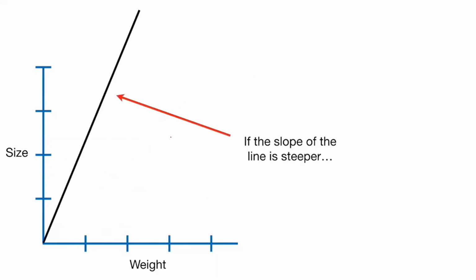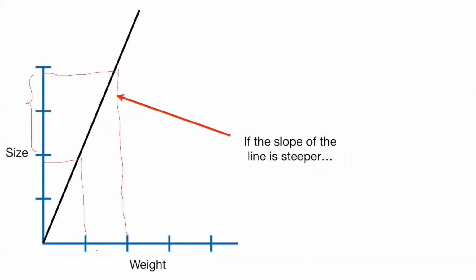As we have a steeper line, what happens is that with 1 unit change in weight, you have a huge change in the size.